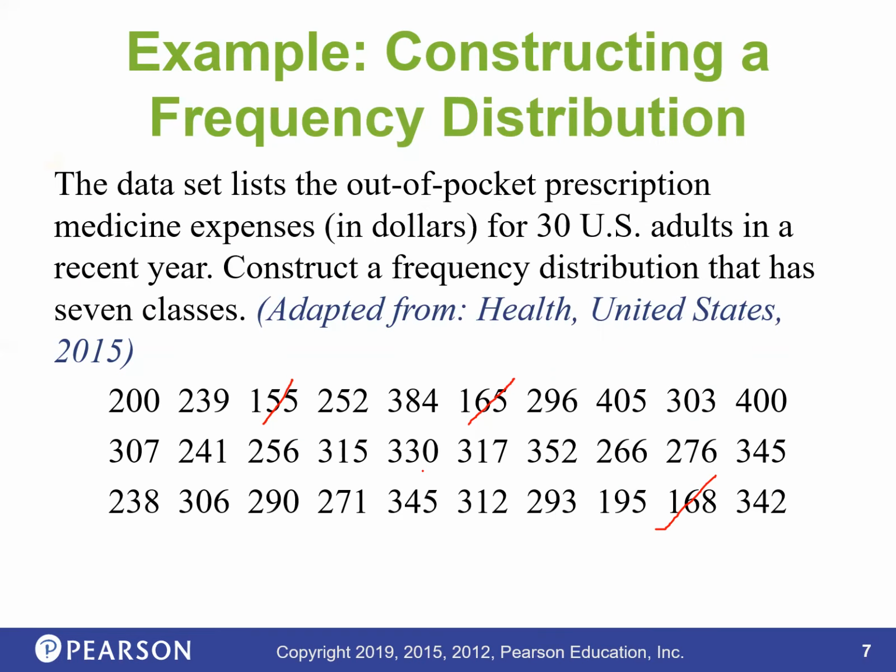Boom. Go back to here. So here's your data. 200 will fall somewhere. 239 will fall somewhere. 252 will fall somewhere. 40 seconds left. After you've done that, and very confident that you did it correctly here, count up the tally marks, put it in the next column. That will be your frequency.